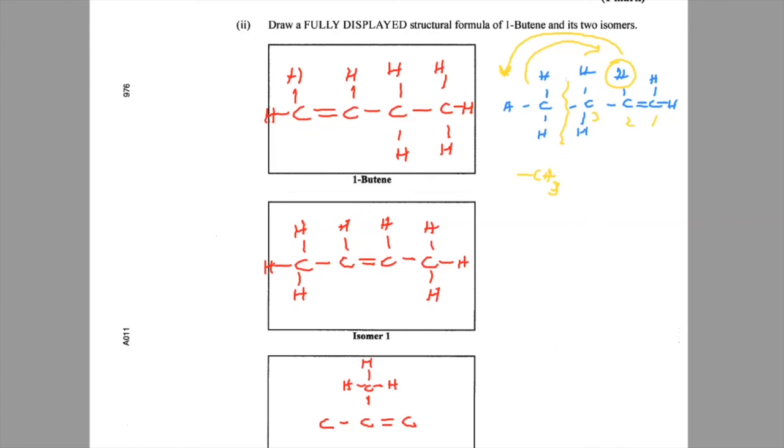And we swapped places with the hydrogen, so we're putting that back on. And we just need to put the 2 hydrogens on this carbon and we are good to go. So 1-butene, 2-butene, and 2-methylpropene.